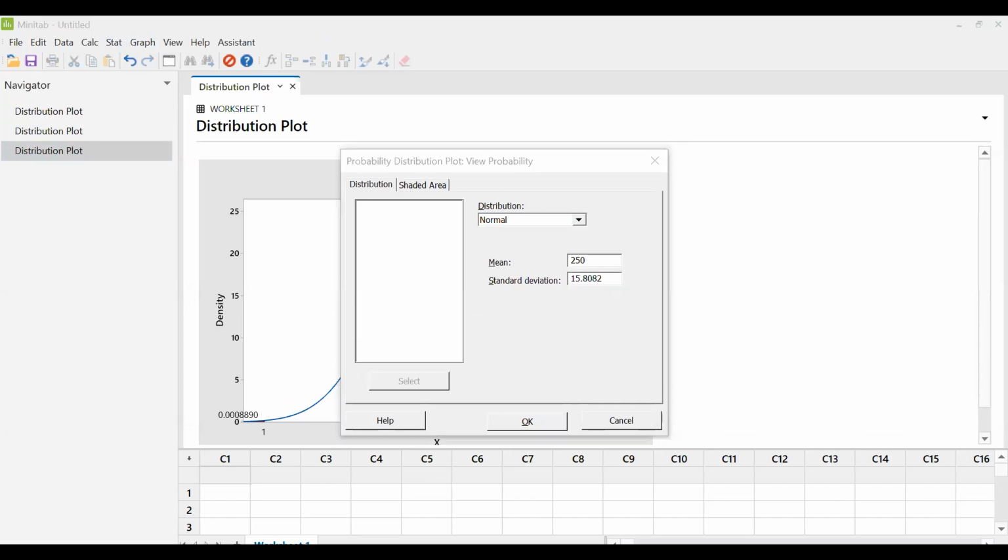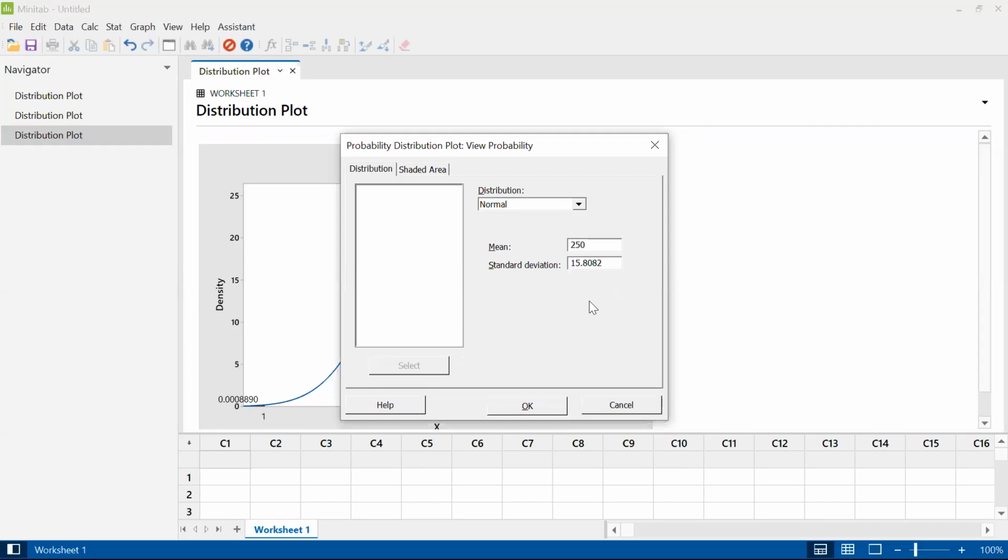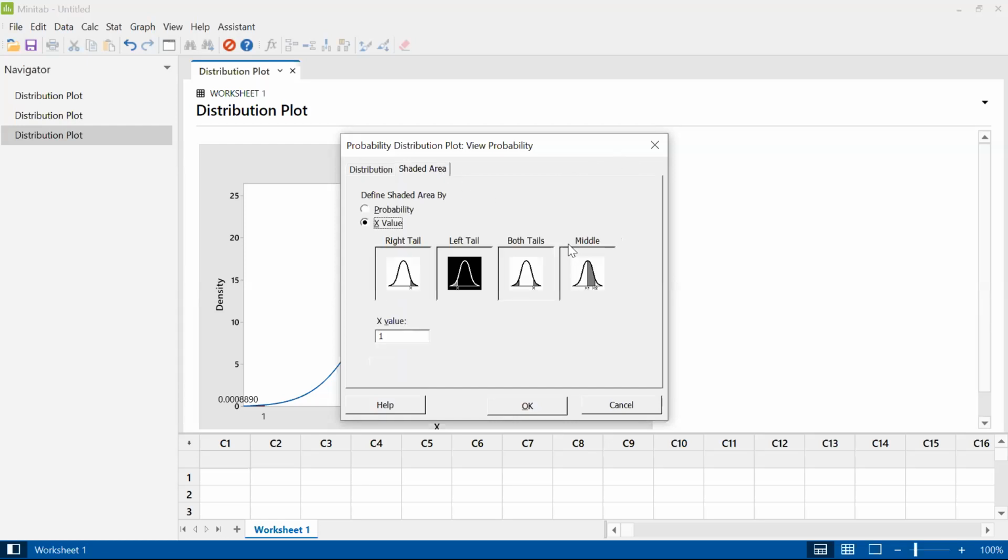Double check that, 15.8082. So that was my expected value and standard deviation from my binomial distribution, and I'm going to use the normal distribution to approximate that. We could have just chosen binomial and put everything in here, and maybe we'll do that after this is over. But let's use our approximation with the normal distribution.